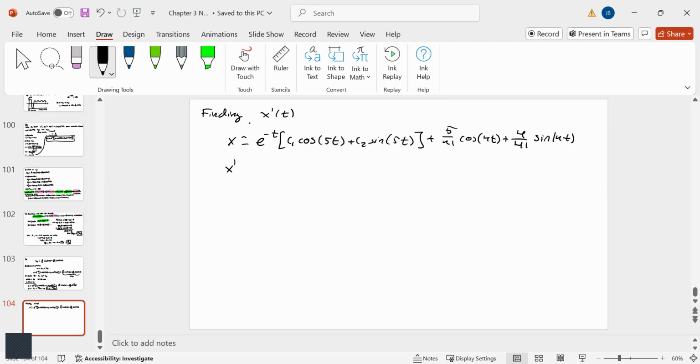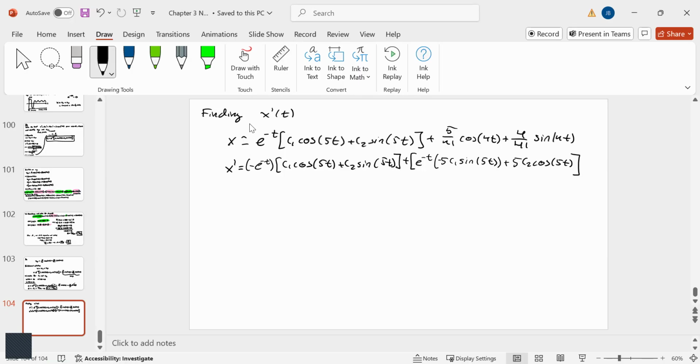Okay. So then x prime is equal to, product rule, f prime g. So negative e to the negative t times c1 cosine 5t plus c2 sine 5t, plus e to the negative t times 5 negative c1 sine 5t plus c2 cosine 5t.